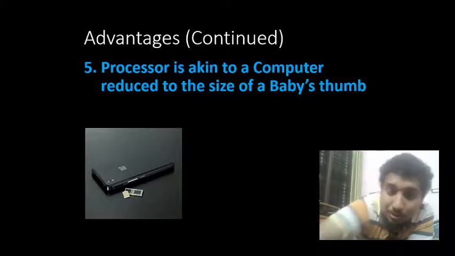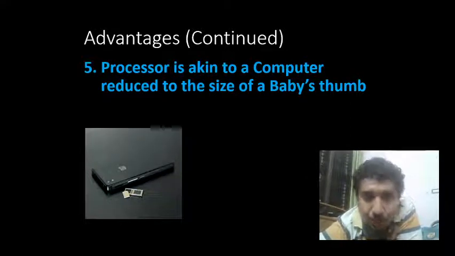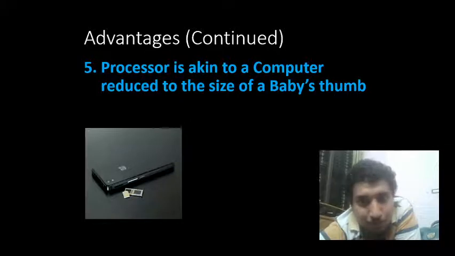You are very familiar with your SIMs, right? You keep changing the SIMs as you keep changing the mobile phones, or you put it into a different mobile phone, etc. Or you give your mobile phone for repair and you take your SIM. There are micro SIMs, nano SIMs, and even in all those SIMs, the actual part of the processor is very, very small.